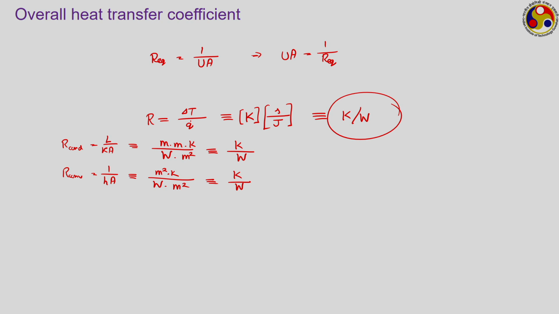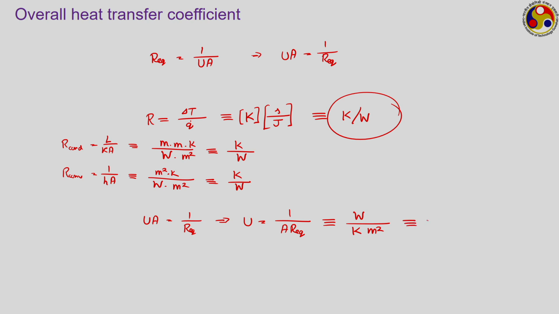Then what about this U? So, UA is equal to 1 upon R equivalent, or U is equal to 1 by A into R equivalent. So, from there if we try to form the dimension, R equivalent or R has dimensions of Kelvin per watt, and A is area, that is meter square.